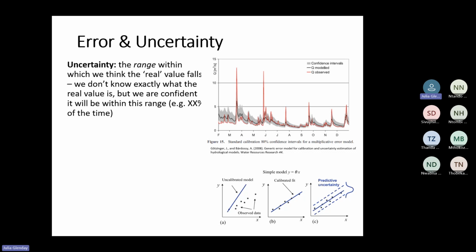So you can get the best fit model, which would be the black line. And you can also get a range of options of parameter values that create that gray band. Some of them capture the high flows better, some of them capture the low flows better in that gray band.